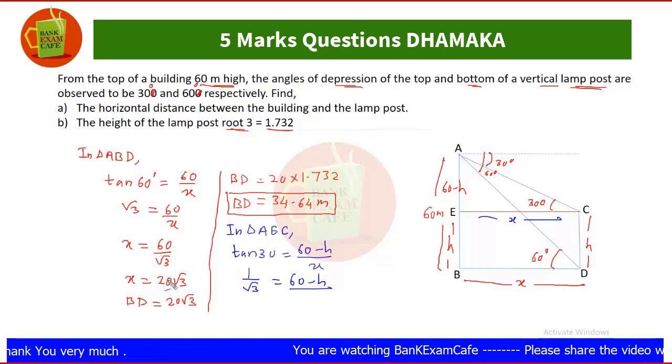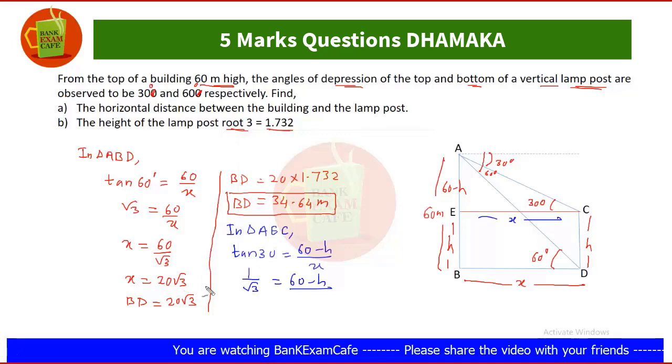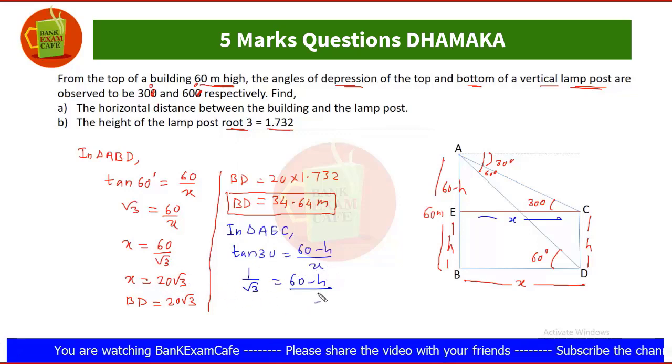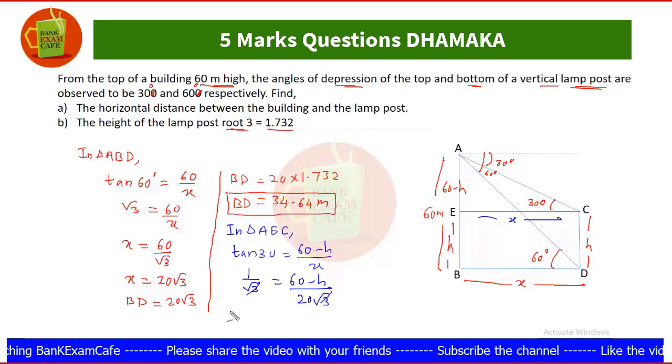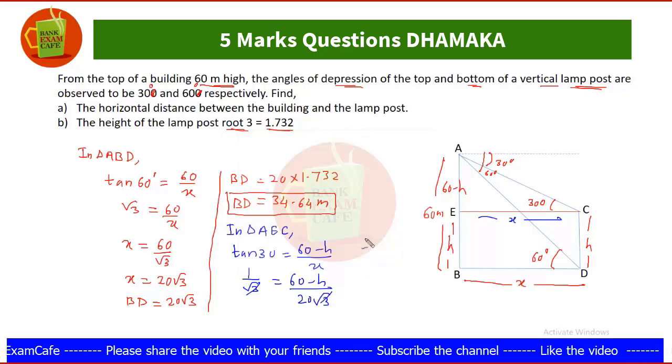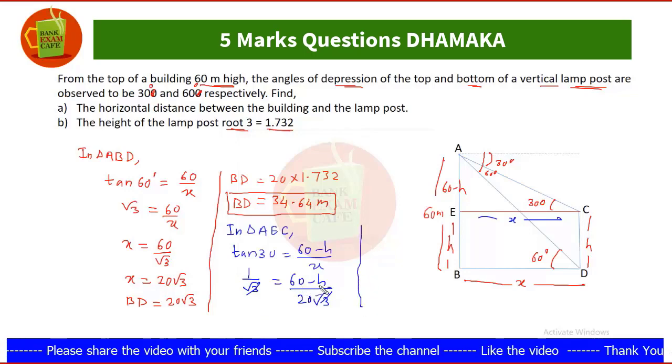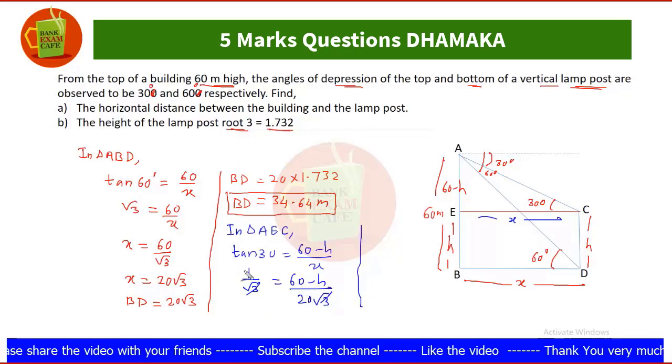So we will take this value, because here root 3 and root 3 will get cancelled. So 20 root 3, this root 3 and root 3 will get cancelled, and we will get 60 minus H upon 20 is equal to 1.